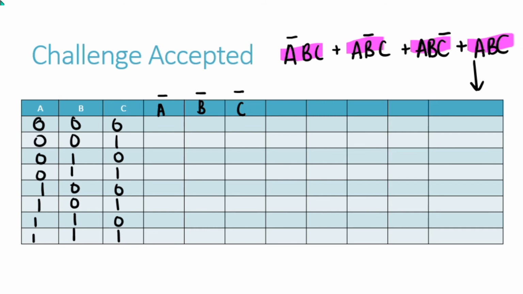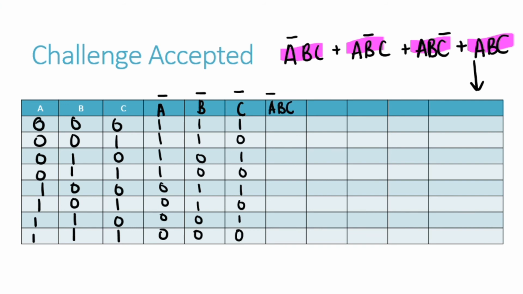So let's negate A, and we'll negate B, and we'll negate C. Okay, so now we are going to make that first 3 input AND gate.